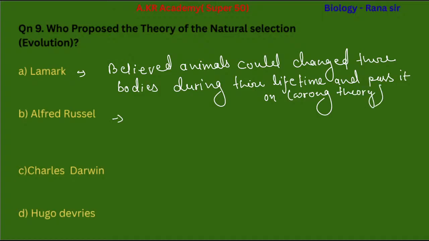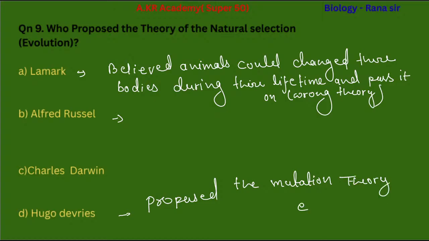Alfred Russel Wallace and Charles Darwin. Hugo de Vries, who is he? He proposed the mutation theory of evolution.